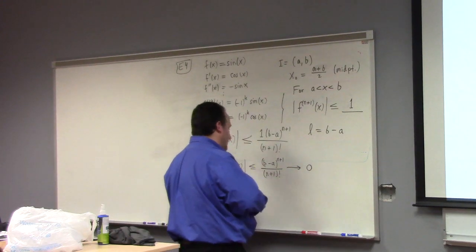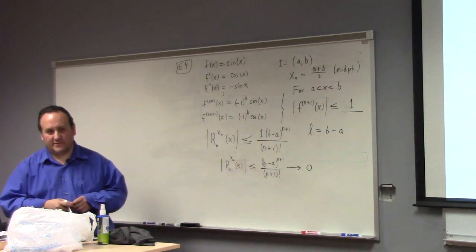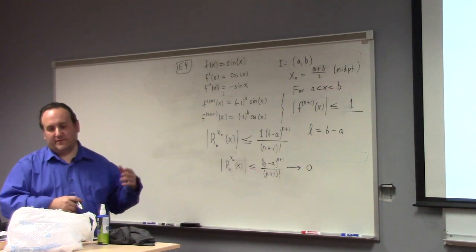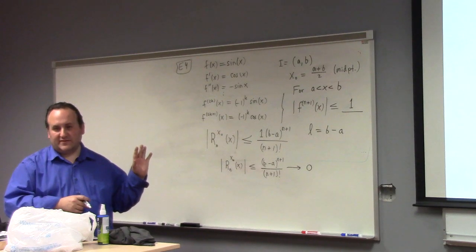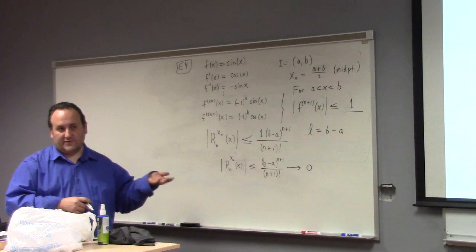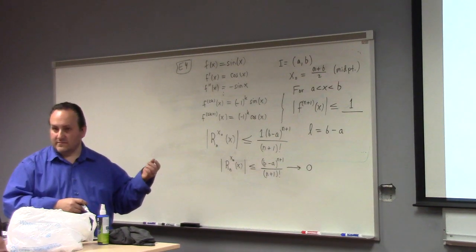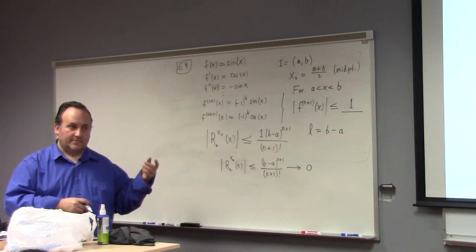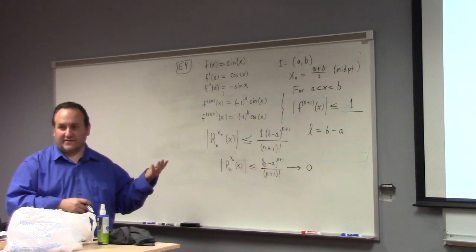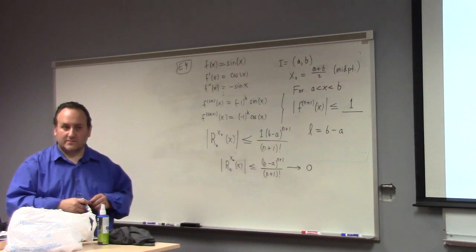Now, to prove that would be more involved, but we have done these kinds of limits before. We've studied things like 5 to the n over n factorial, and we've seen that you can make an argument that shows that goes to 0 by the squeeze theorem for n sufficiently large. So the same is true for b minus a. It's just a number. Whatever number it is, eventually n factorial wins.